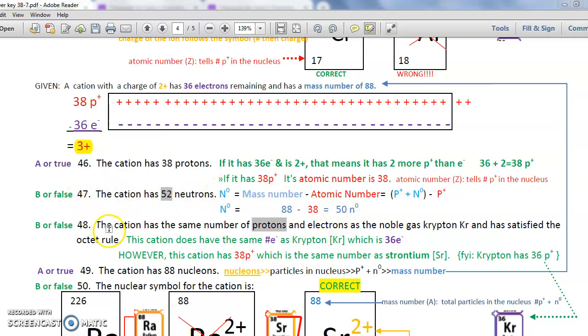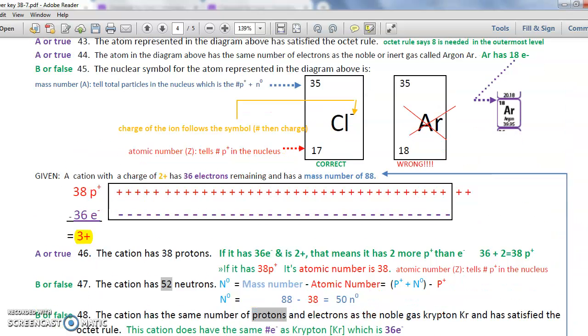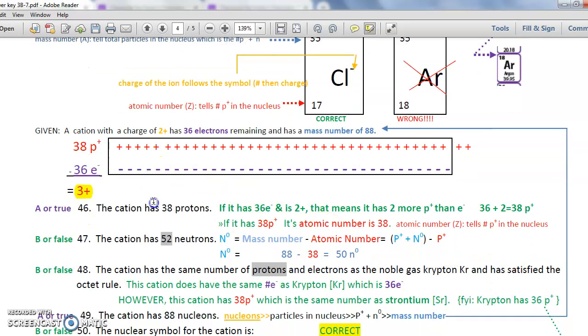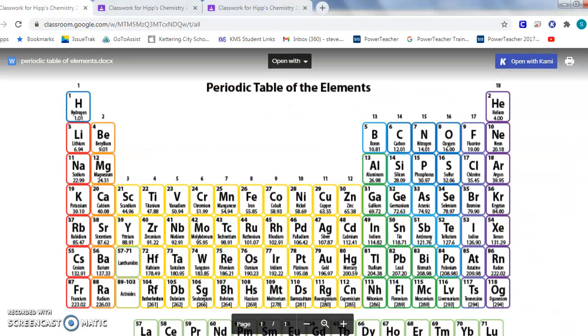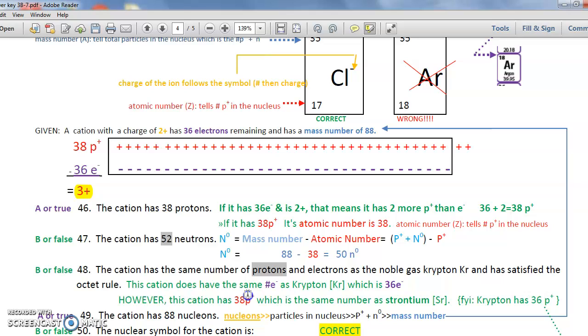That's false. The cation has the same number of protons and electrons as the noble gas krypton. Well, we know it's going to be false, because if it had the same number of protons, it would be krypton. This thing is not krypton. How do I know it's not krypton? Because it has 38 protons. Who has 38 protons? Strontium has 38 protons. This thing's strontium, not krypton.